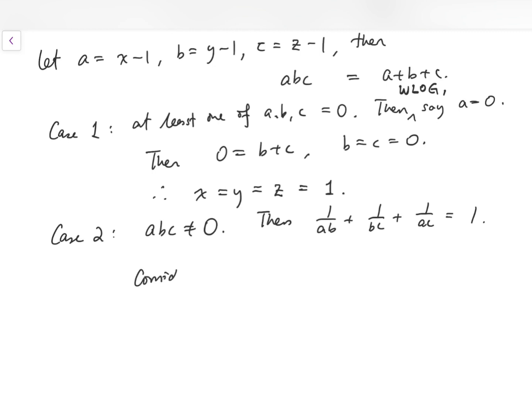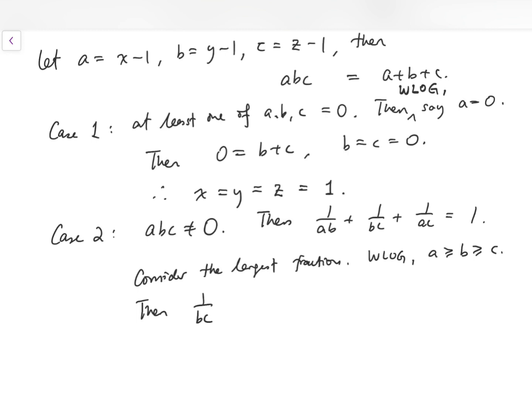Consider the largest fraction. So again, by symmetry, we can say that assume a is the largest, and so on. Then this is the largest fraction, because the bottom part is the smallest.